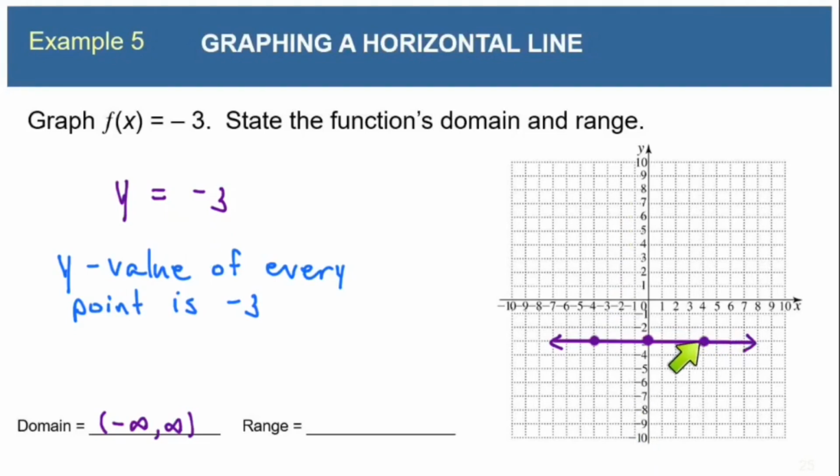This line only has one y value, so we won't have an interval like we did for the domain. We have just one value, and since it is just one value, we put it in curly braces like it's a set. We consider it a set that only contains one number, and that number is -3 because every y value of every point on this line is -3, and so the range is just that one number.